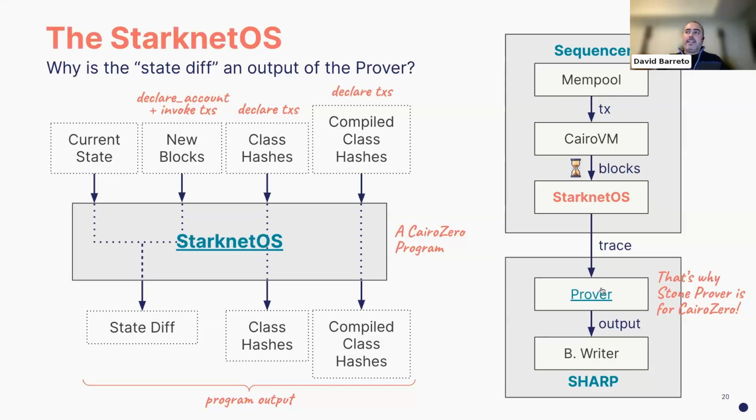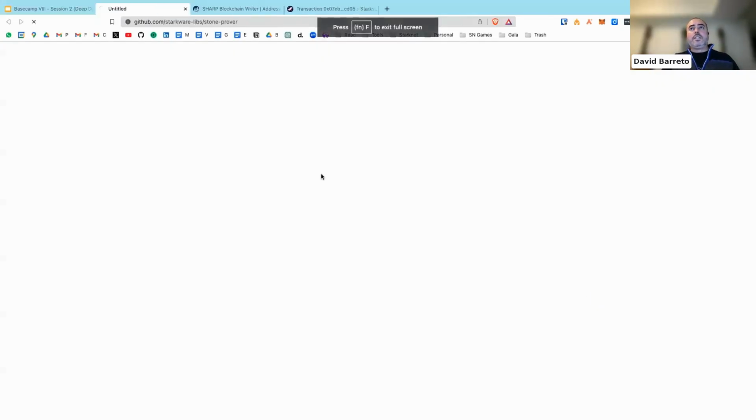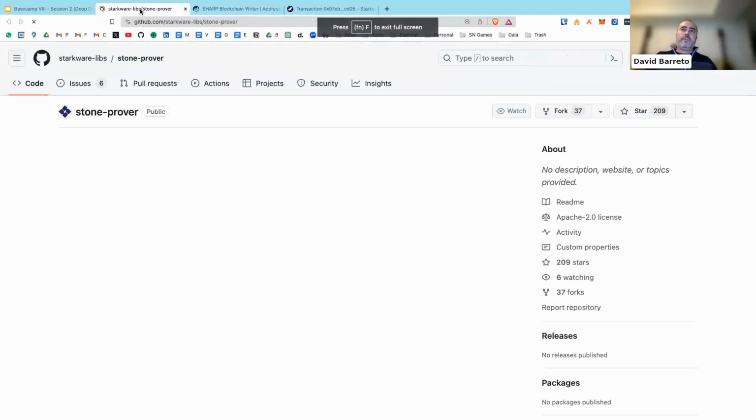This is why the prover itself is the one that is open source, right? The Stone prover is written in Cairo 0, or is for Cairo 0 programs and not for modern Cairo. It is because right now the Starknet OS is also written in Cairo 0. So that's what is needed right now to create the data availability information. If you follow this link, you're going to see the GitHub repo of the Stone prover.